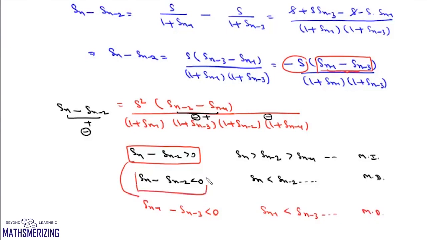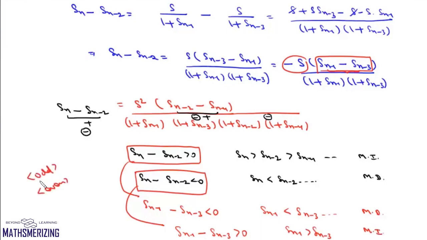And for the second case, when this value is negative, then S_{n-1} minus S_{n-3} will be greater than 0. That is, S_{n-1} will be greater than S_{n-3}. Then the sequence will be monotonic increasing. The two subsequences of odd terms and even terms will both be monotonic. And if the sequence of odd is increasing, then the sequence of even will be decreasing. Or if the sequence of odd is decreasing, then the sequence of even will be an increasing sequence.